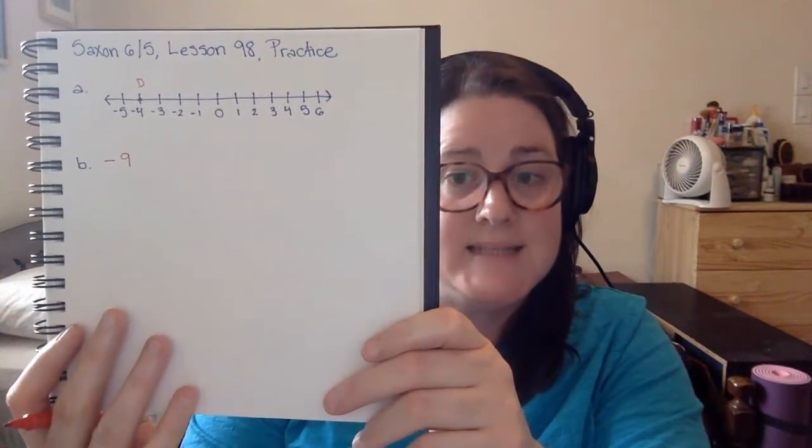B asks us, point F represents what number on this number line? So we have a number line in our book, and if we look at point F on our number line, it is at -9. So I want to write it like that, -9.